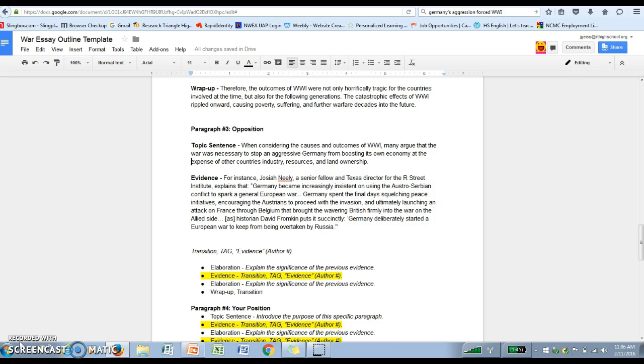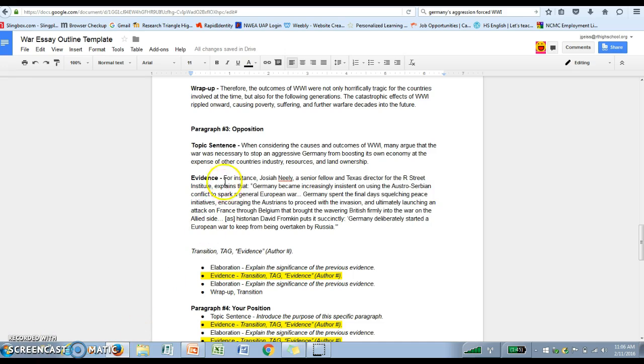Germany spent the final days squelching peace initiatives, encouraging the Austrians to proceed with the invasion, and ultimately launching an attack on France through Belgium that brought the wavering British firmly into the war on the Allied side. As historian David Frumkin puts it succinctly, Germany deliberately started a European war to keep it from being overtaken by Russia." So there's some important things to note for this piece of evidence.